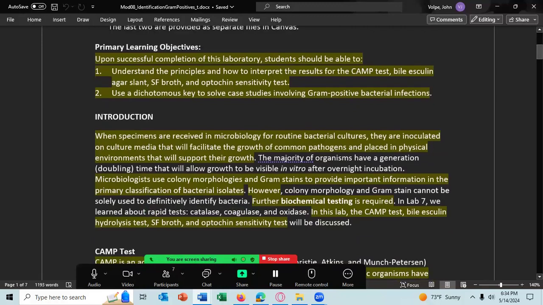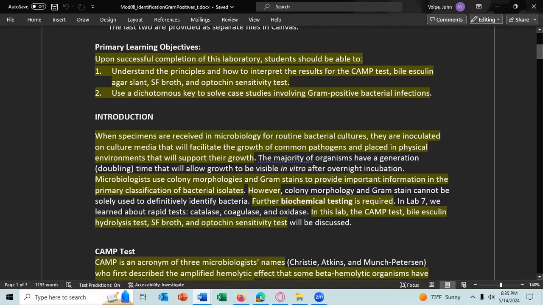Upon successful completion of this lab, students should be able to understand the principles and how to interpret the results for the CAMP test, the bioesculin test, the SF broth test, and the optochin sensitivity test. You should also learn how to use the dichotomous key to solve case studies involving gram-positive bacterial infections.